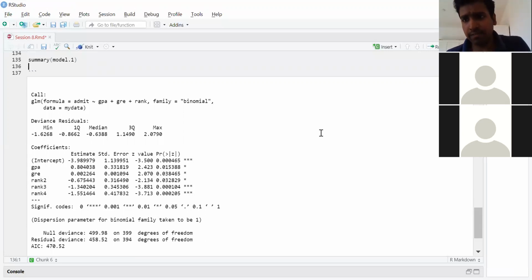Because this is a bit tricky compared to the earlier case, because we just had LMs, and in the LMs we did not really use categorical data as a predictor. And here rank of college is a predictor, and you are getting output like rank 2, 3, 4, but not rank 1. And also you're getting scores for GPA and GRE.